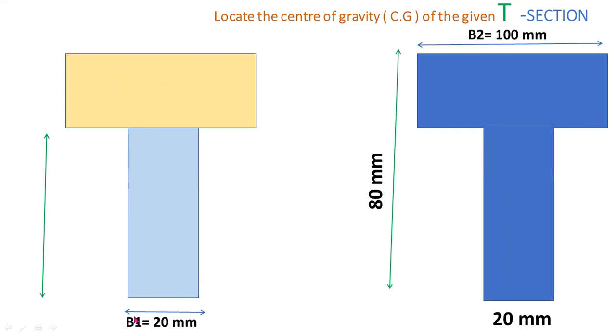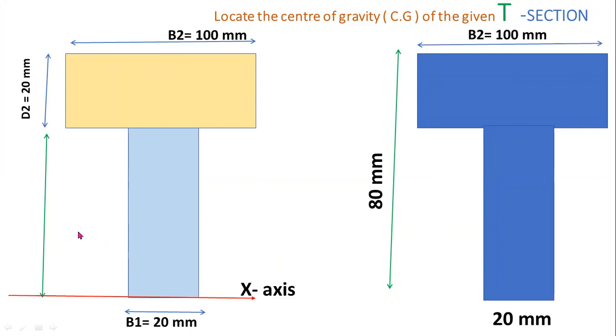Now B1 is the base of the bottom rectangle, B1 equal to 20 mm, and D1 is the depth of the bottom rectangle. Here you can observe B1 equal to 20 mm and D1 equal to 60 mm, and B2 is the base of the top rectangle and D2 is the depth of the top rectangle.